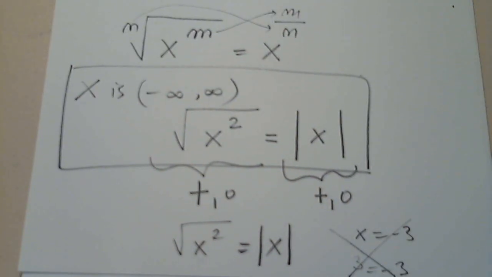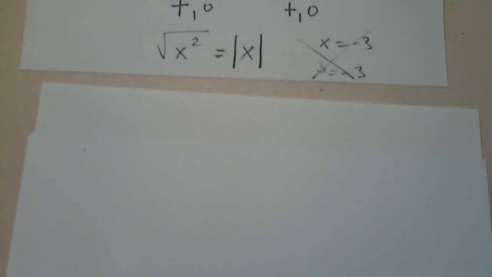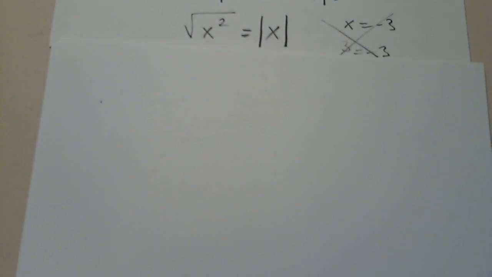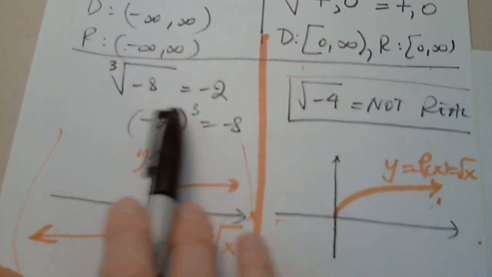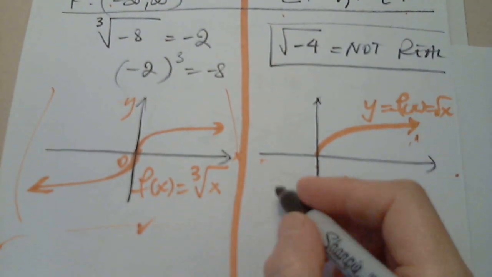So let's practice this a little bit. As I mentioned, friendly, no problem, no absolute value. But here, let's have all this information.